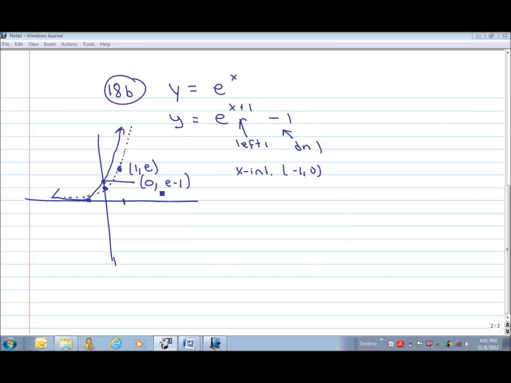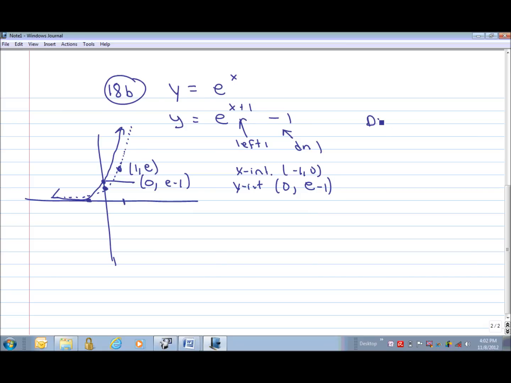And this y-intercept would now be at 0, and you took that because you took this point, which is at 1, and then e, which is 2 point something, and you moved it to the left 1, and then you moved it down 1. When you moved it to the left 1, that gave us our y-intercept at 0. We moved it down 1. That's just going to be e, whichever the value of e was, and of course we subtracted 1.